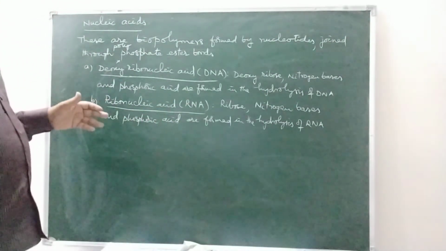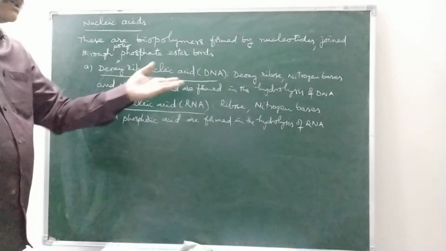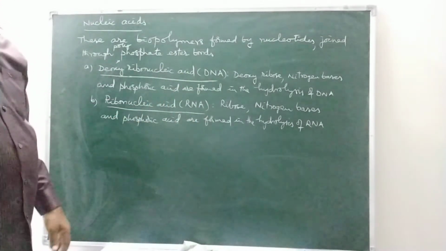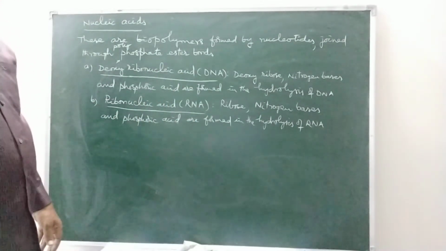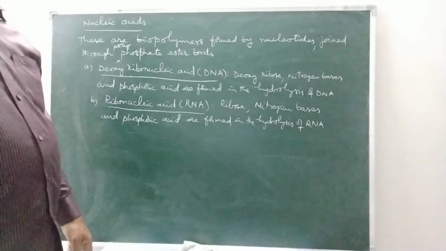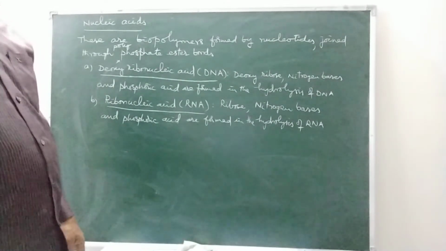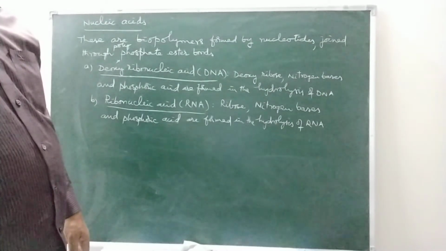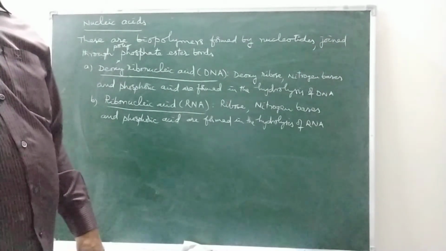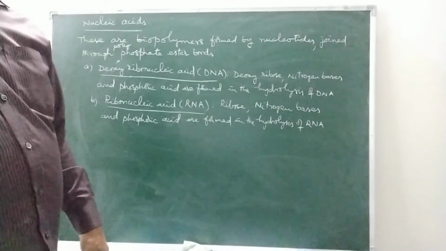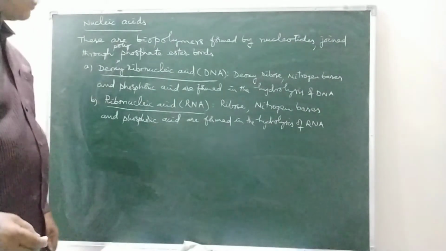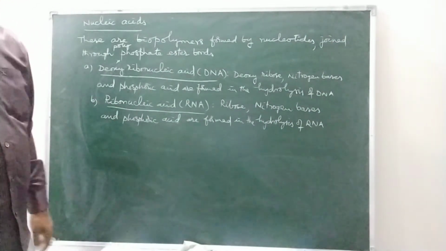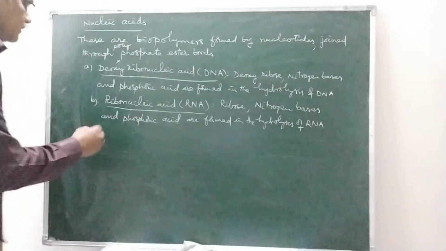So we will discuss these components one by one. What is ribose? What is its structure? And what are nitrogenous bases? How many types of nitrogen bases are there? What are their structures? It will be discussed now.